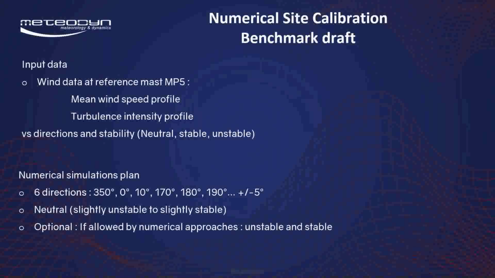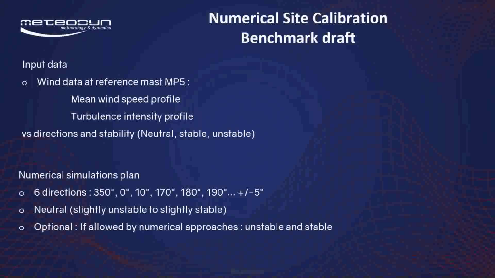So the neutral, stable, and unstable. And the numerical simulation plan could be, because we have to define it with the participants, we have 6 directions, from north and south, and we can test the variability of results according to the wind direction.